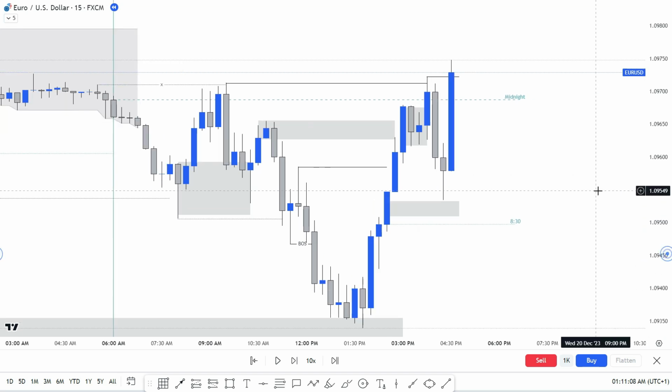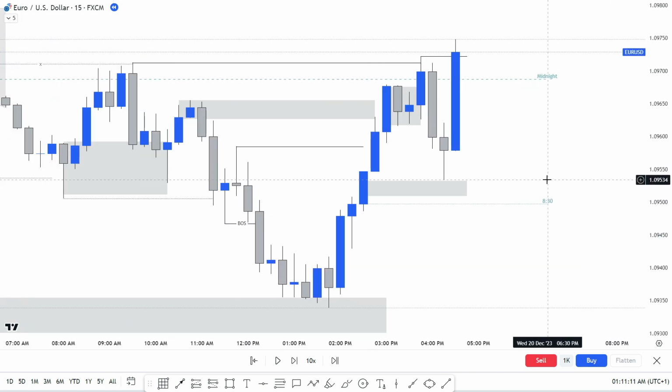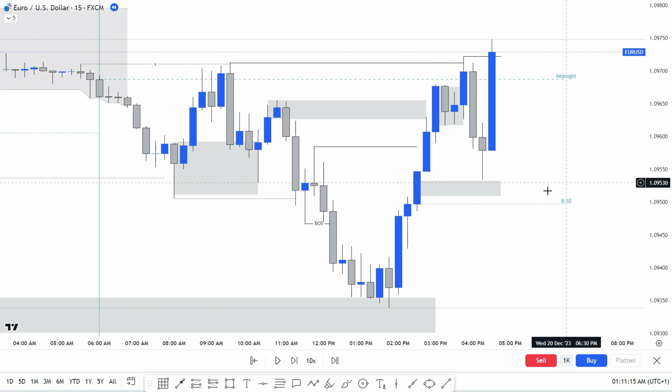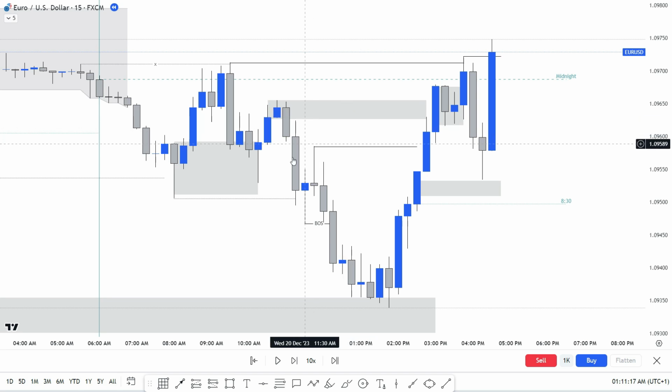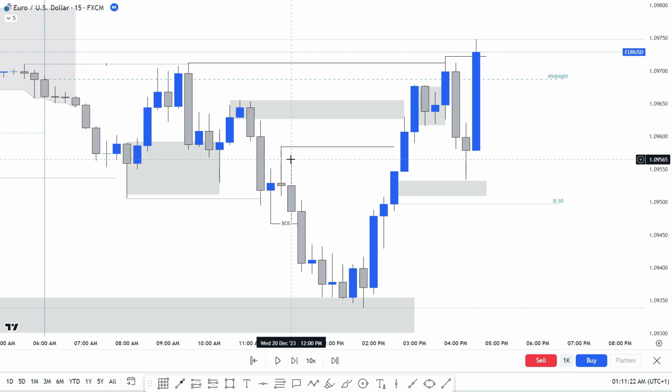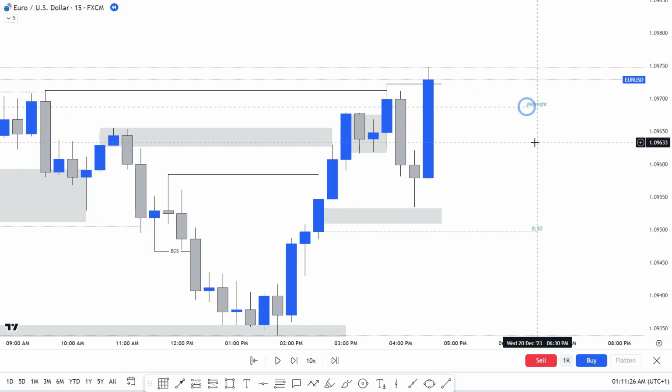Now this environment can be called the context. All right, even ICT himself talked about it. Right, you don't just take a trade because you want to. Right, you just have to understand both the higher time frame and the lower time frame perspective. Don't get caught on the lower time frame.